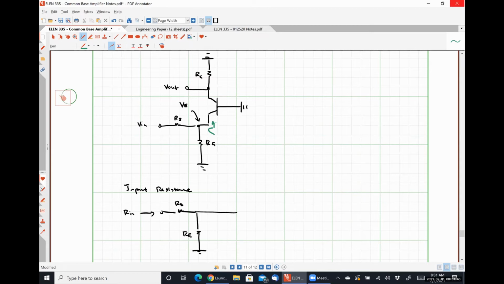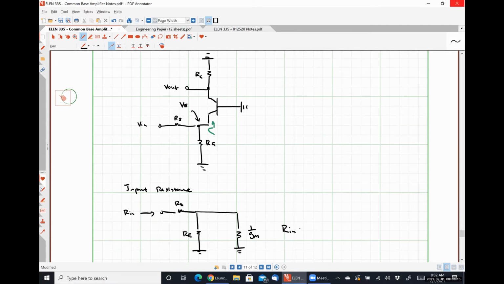Vn prime, let's call it, is on the emitter terminal. V out is on the collector terminal, and we have some resistance between the collector and our power supply. So simple common base core. So that means that we see a resistance of 1/GM representing the input resistance of the common base core.